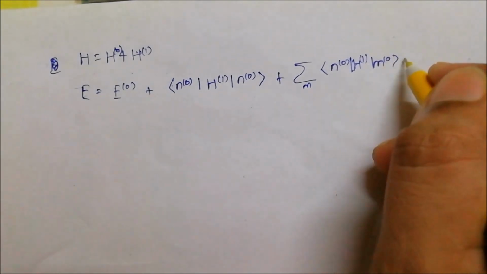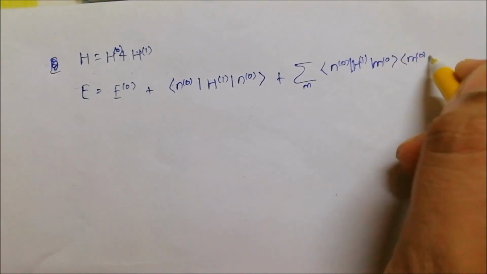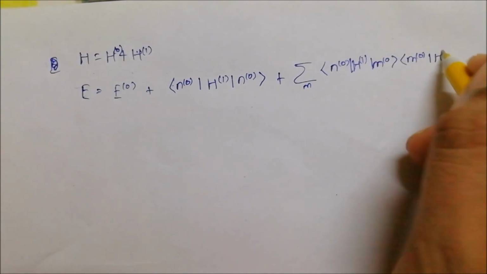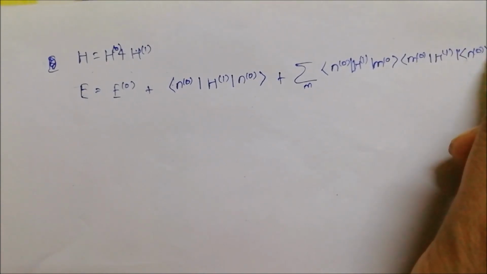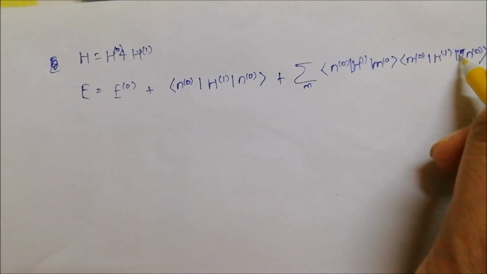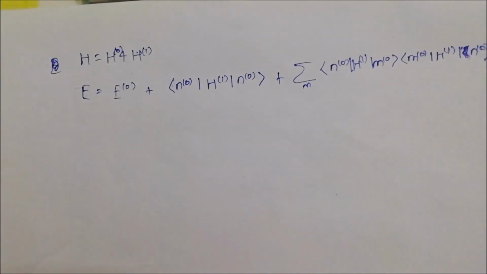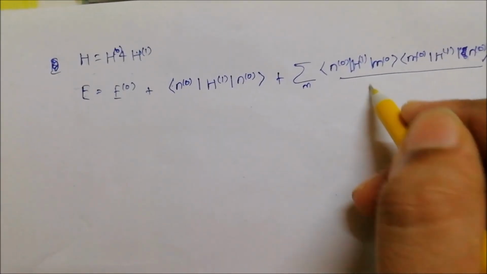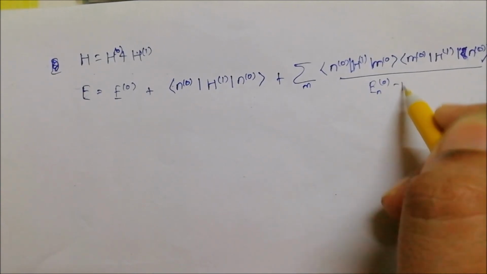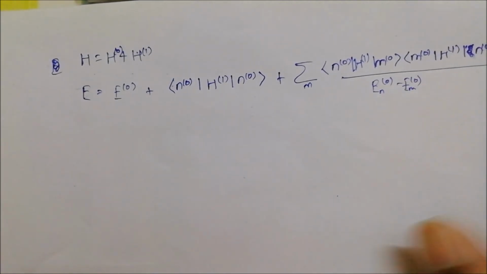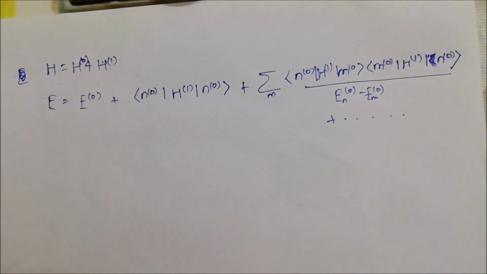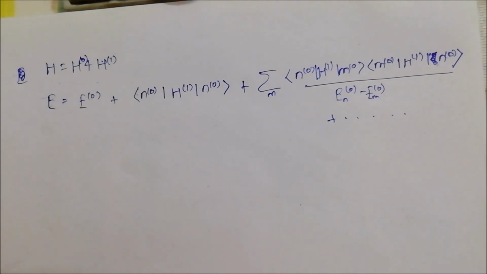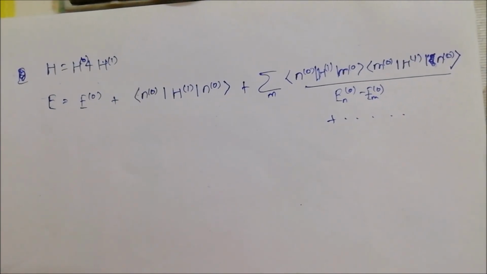This will be <M0|H1|N0>, and this will be En0 minus Em0. And there will be higher order terms. Now what we do is we compare this.